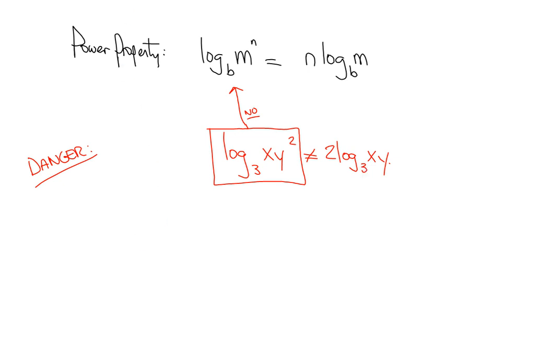What would be the right way to do this? Let me change back to black, because now it's the correct way. It would be to break this up using the product property. Since these two things are being multiplied, you can look at this as your m and this is your n. What would this thing break up into? Your m and your n from your product property, the first one we learned.